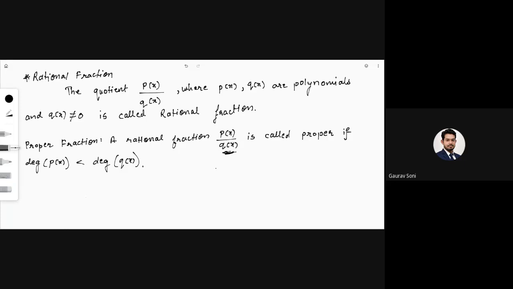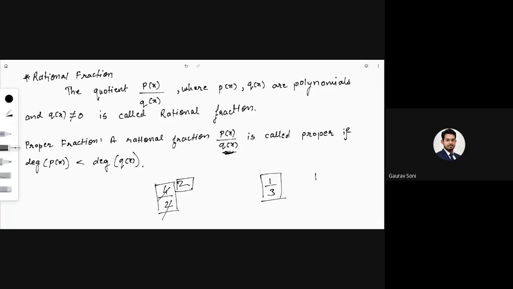Look, the rational fractions we are studying are similar to rational numbers. For example, if I write 4 by 2, will you say that it is a fraction? What you will do is divide this. 2 2s are 4 and it is simply 2. Whereas when you look at 1 by 3, this cannot be divided and cannot be simplified.